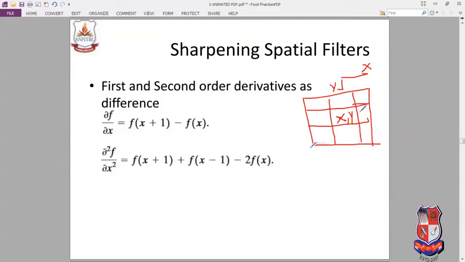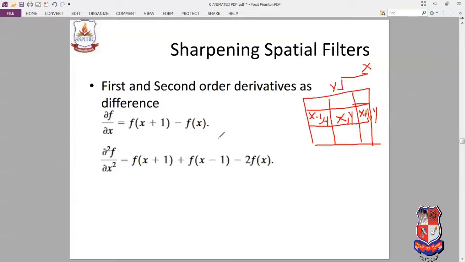This is f of x plus 1 comma y, and similarly this would be x minus 1 comma y. Okay, so this is what will happen.